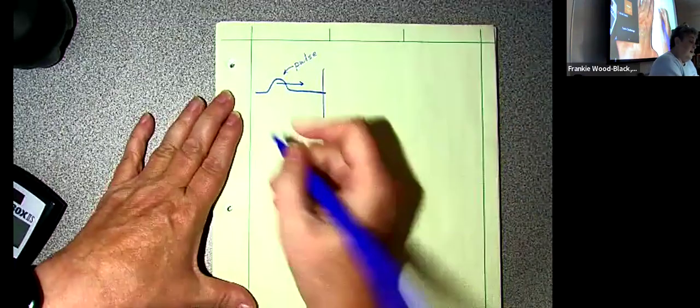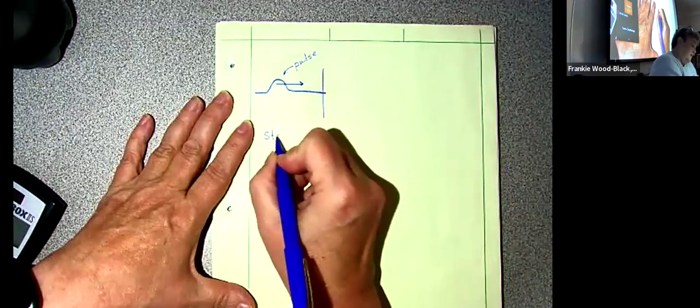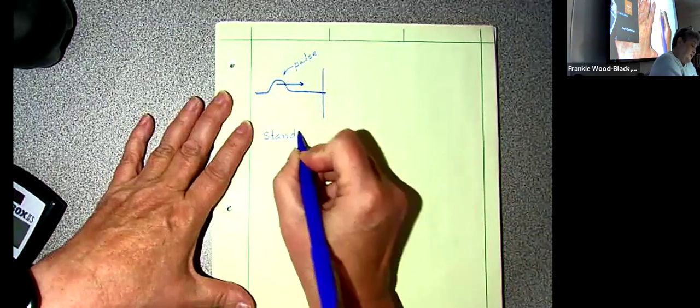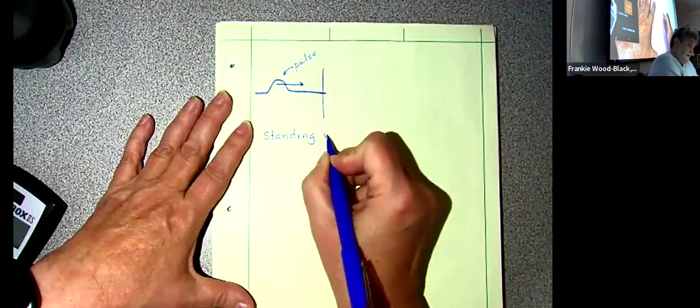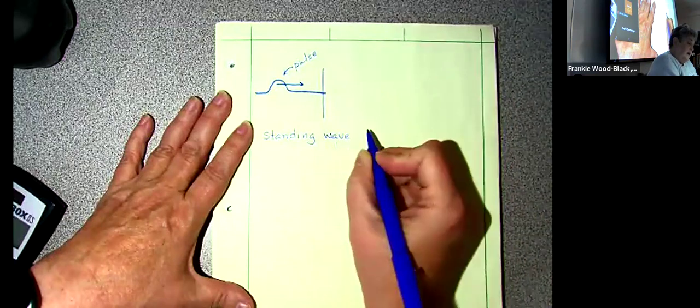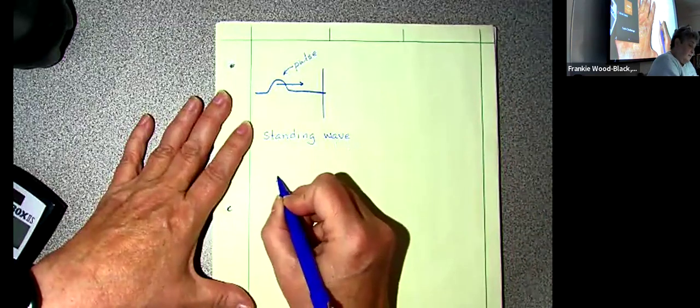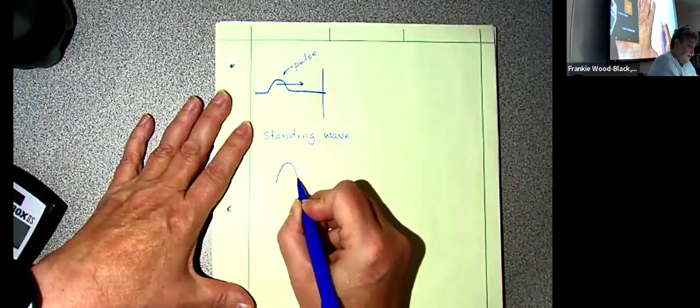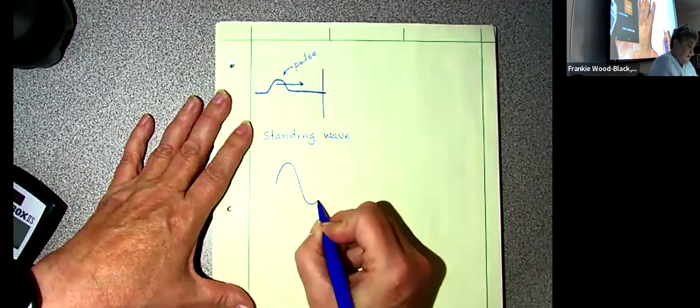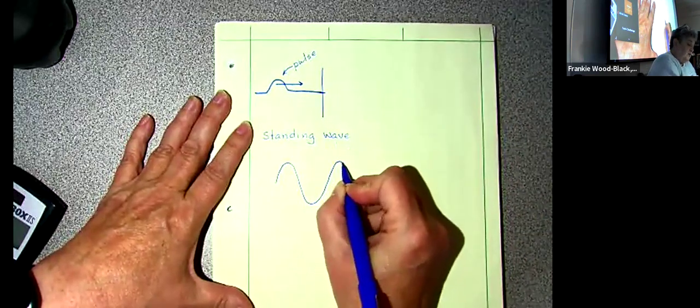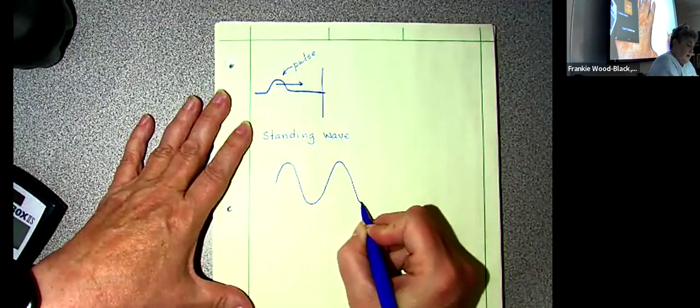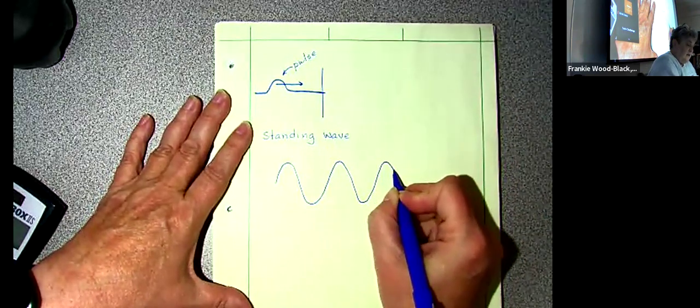But if I get a standing wave, which we'll come back to, my standing wave is going to look like this. So think of a guitar string. Think of something that's got going here.